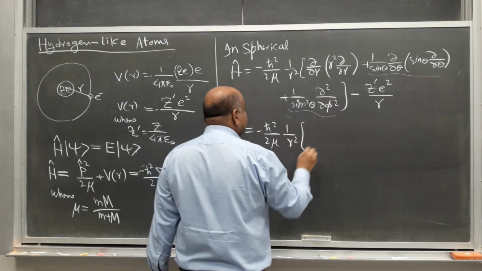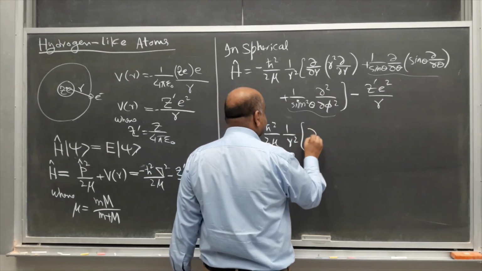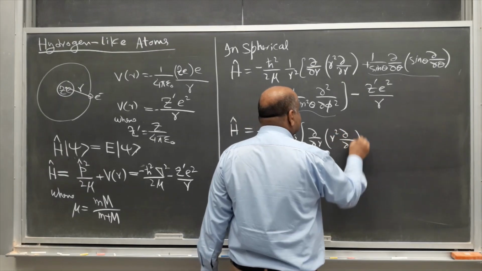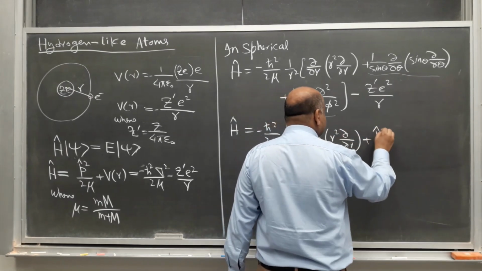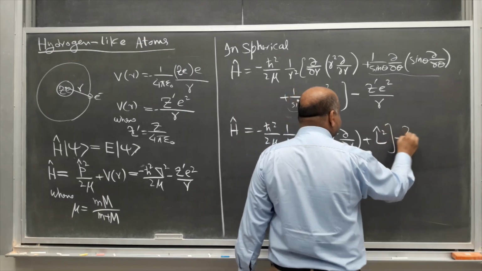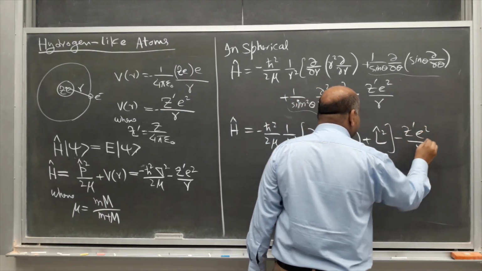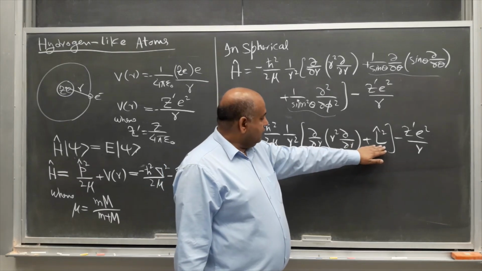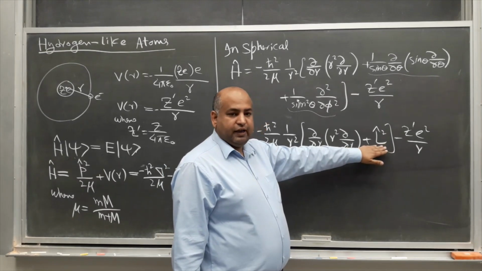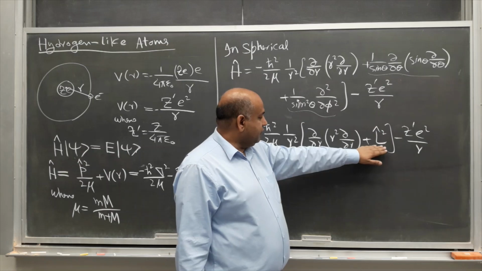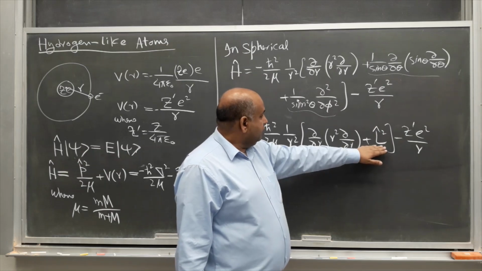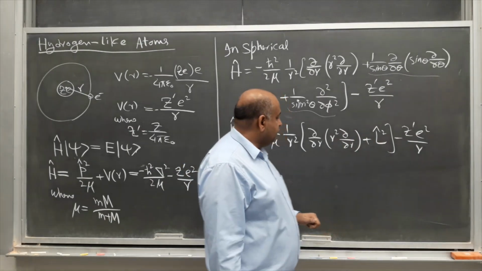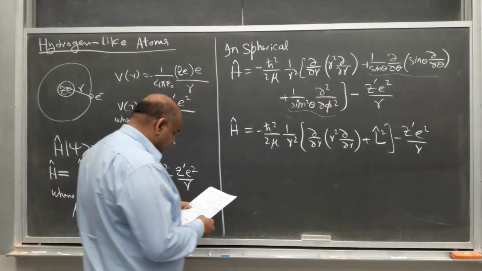So I can immediately replace this with the L square operator, and the reason is that we have already studied the eigenvalues and eigenfunctions of this operator L square. So this will make our life easy if we introduce an operator that we already know the functions of.